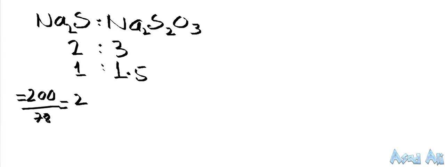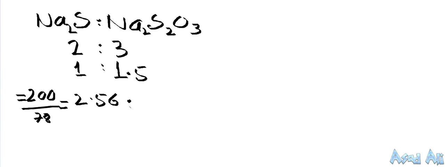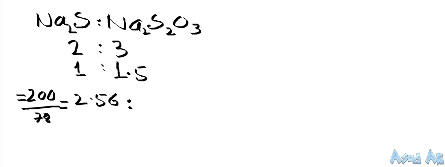That will give 2.56. Now we multiply by 1.5 and it will give 3.84 moles. That means if we use 2.56 moles, that is 200 grams, 3.84 moles of thiosulfate will be formed.